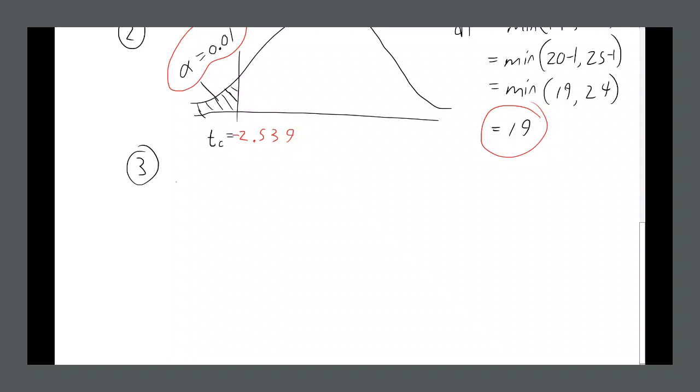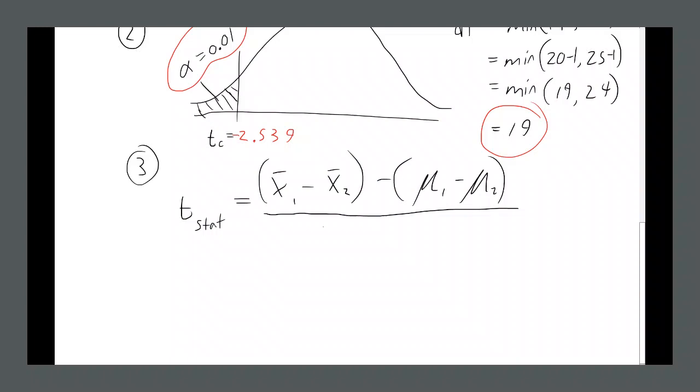Now, the test statistic for two independent samples is the difference between your sample means minus the hypothesized difference between your population means divided by, now what you're going to divide by differs based on your assumptions about the standard deviations or the variances.